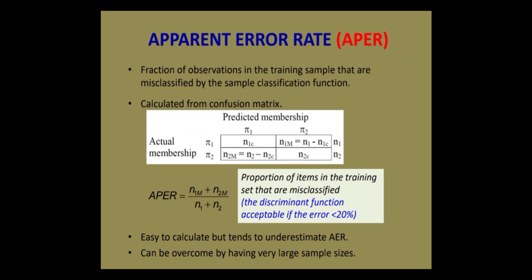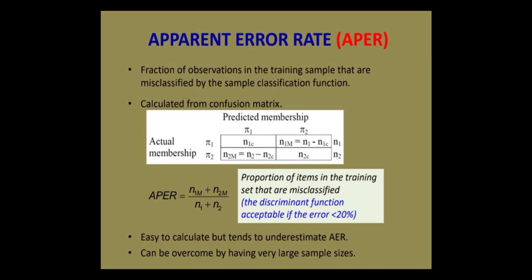We want to know whether we can use the classification function that we built. It is acceptable if the error is less than 20%, so you need to change it to a percentage.